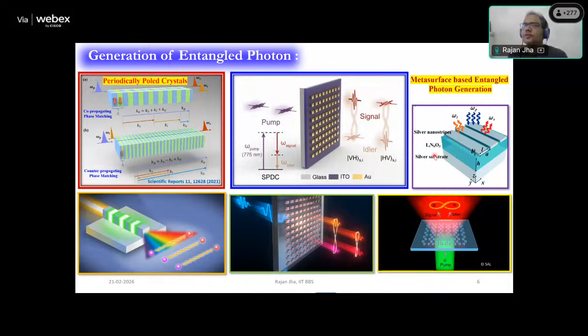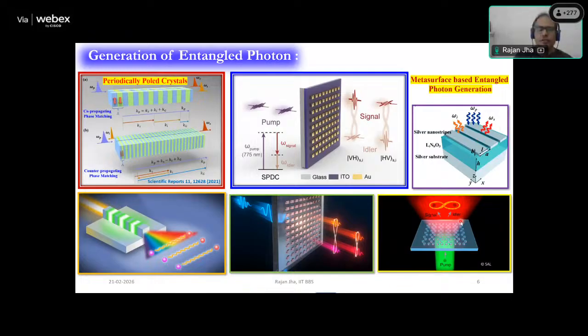Further, nowadays people are trying to do a lot of research work on metasurface based entangled photons, where you try to create some sort of a metasurface, especially using lithium niobate, and then try to see whether you can create two entangled photons by incidence with some frequency. Can these two, omega s and omega i, be entangled?